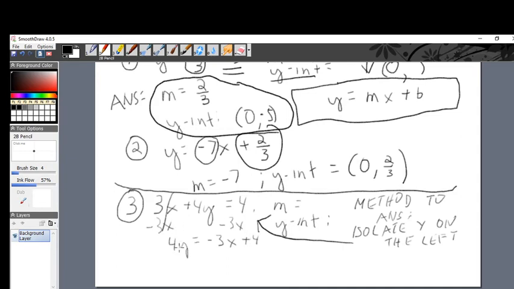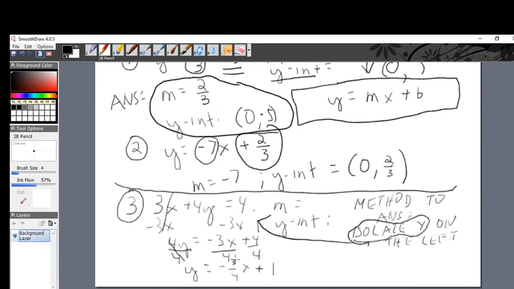Then we still have to isolate y. Divide by 4 on the left and divide the entire right-hand side by 4. What do you get? y equals negative 3/4 x plus 1.